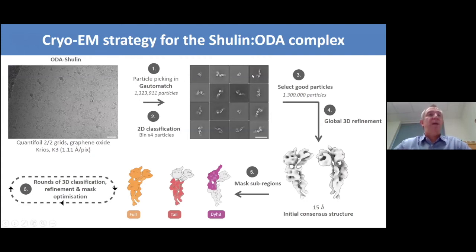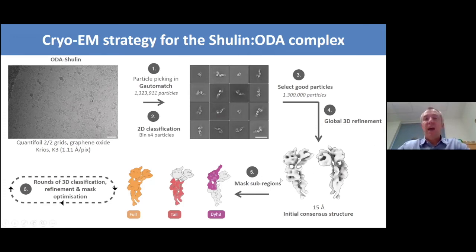We pick them, we get class averages, we select good particles. This is all very standard, as you know, ways of processing cryo-EM data. And we do a global 3D refinement to get a first structure. And the resulting structure is really pretty weak, pretty poor resolution, about 15 angstroms. And that is because it's such a flexible motor.